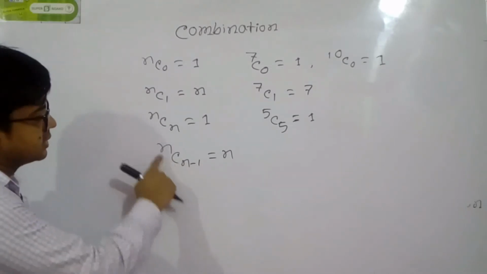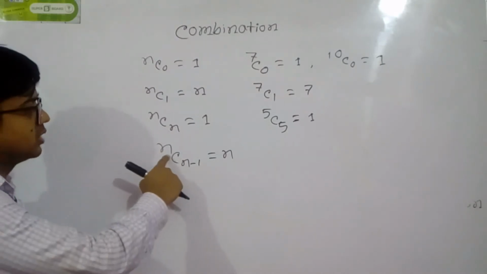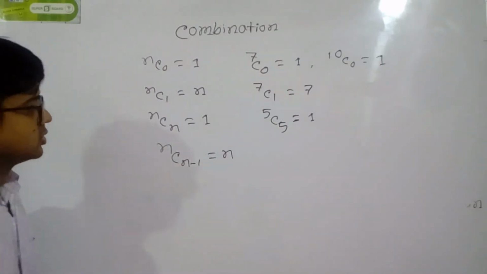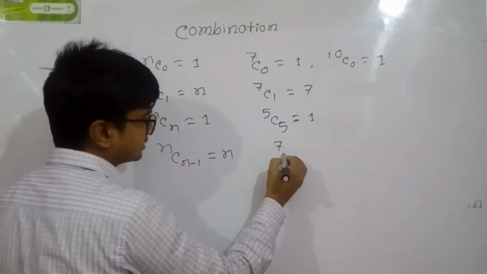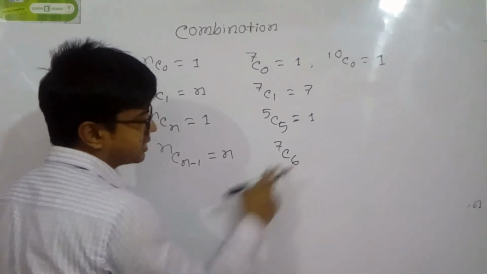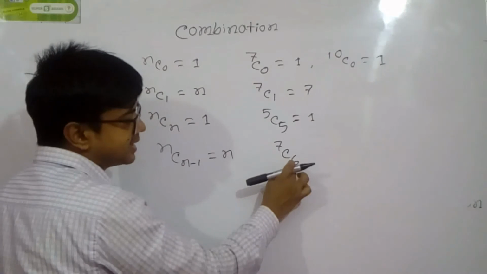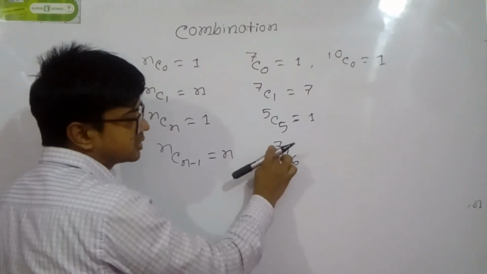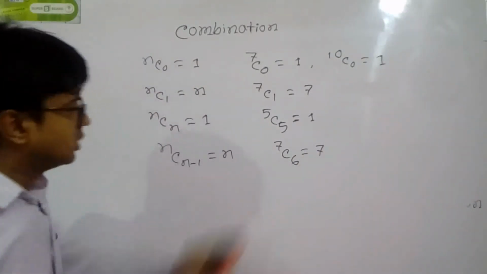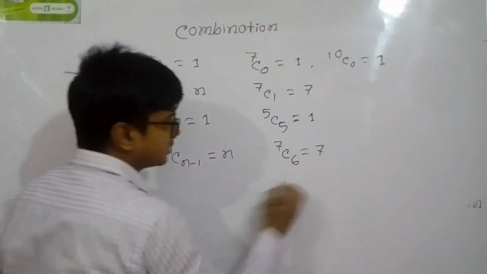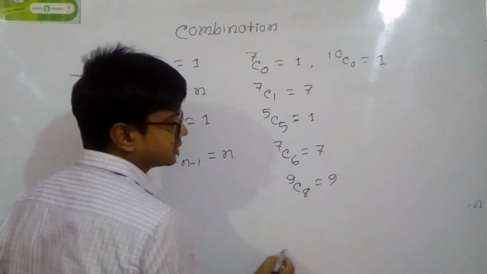Here n minus 1 is less than n by 1. For example, 7C6: the difference is 1 and 6 is one less than 7, so our answer will be 7. If 9C8, our answer will be 9.